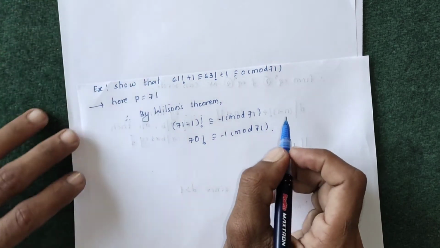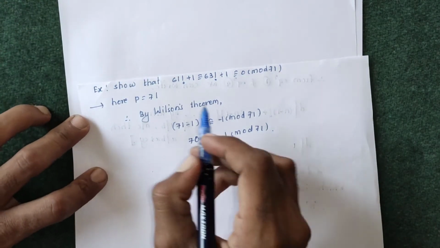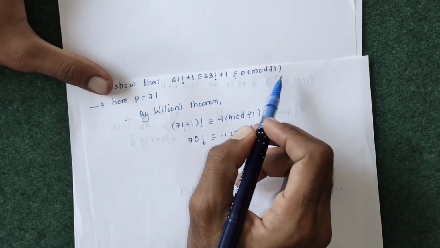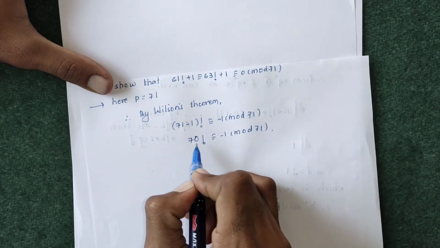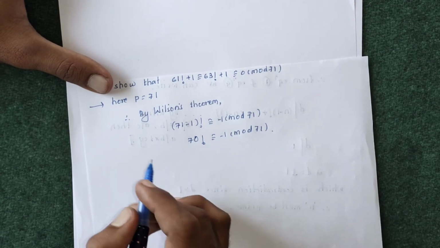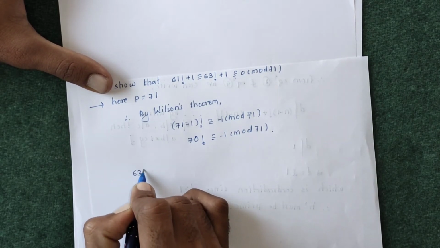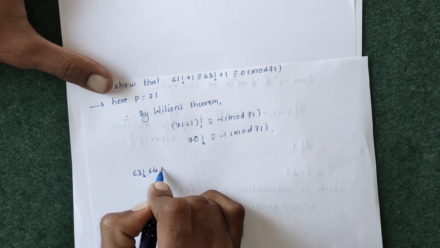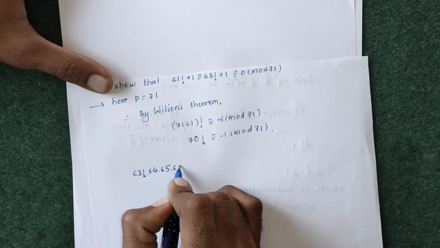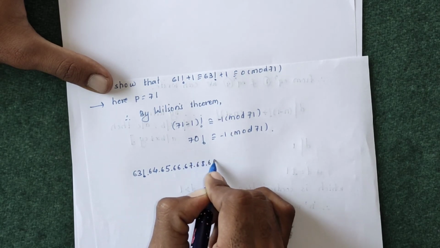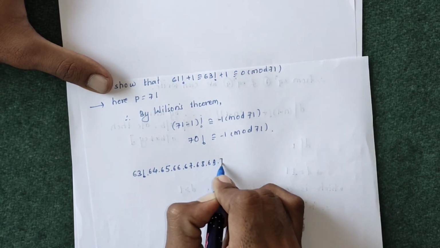Now first of all we are going to show that 63 factorial plus 1 is congruent to 0 modulo 71. So writing this 70 factorial as 63 factorial into 64 into 65 into 66 into 67 into 68 into 69 into 70.